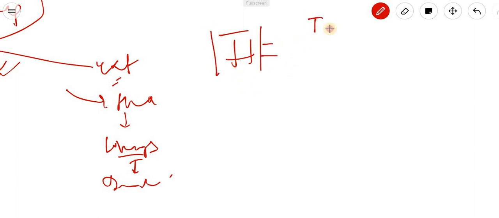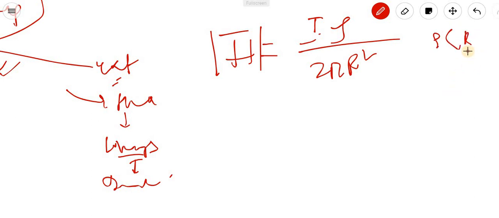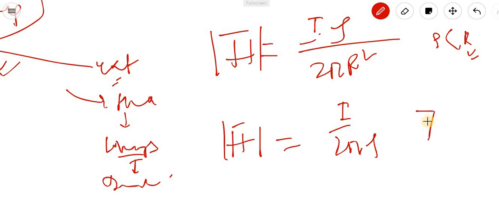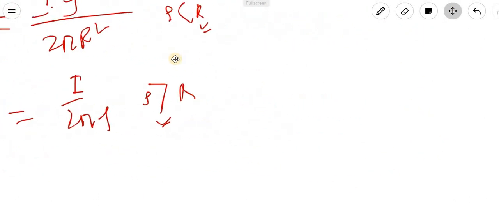So this is H equals I rho over 2 pi R squared when rho is less than R, where R is the radius of the conductor, and H equals I over 2 pi rho when rho is greater than R. This is the mathematical expression. Clear? Now the range is 0 to R, and then greater than R.